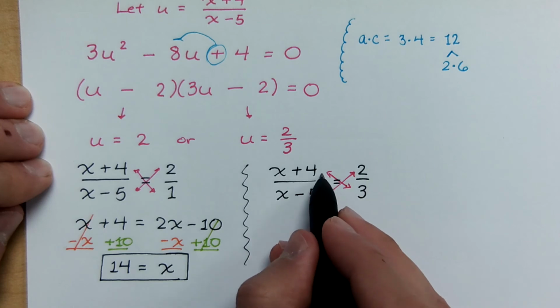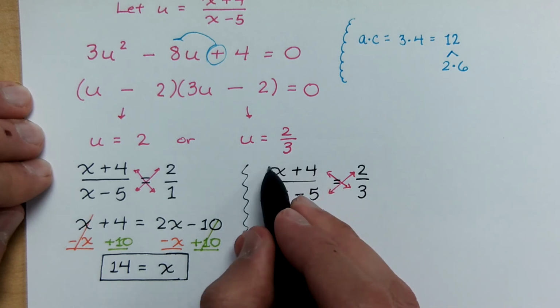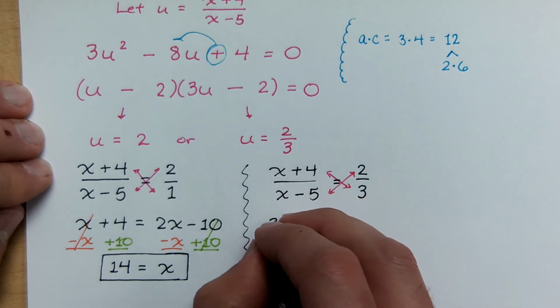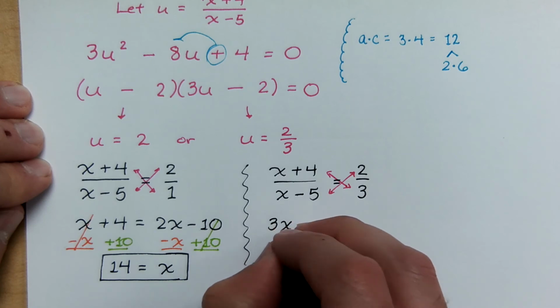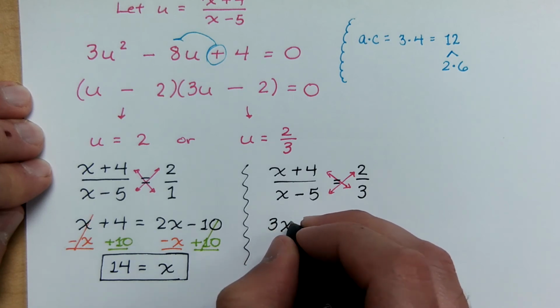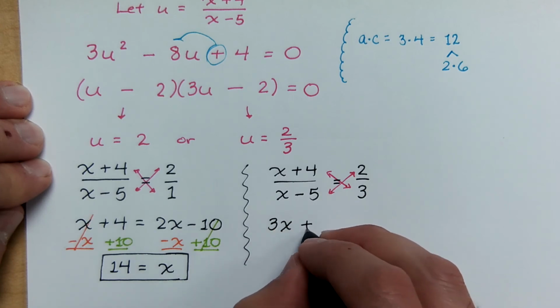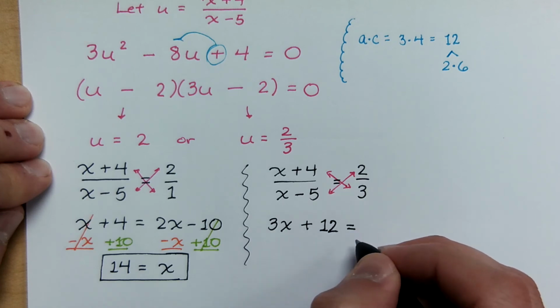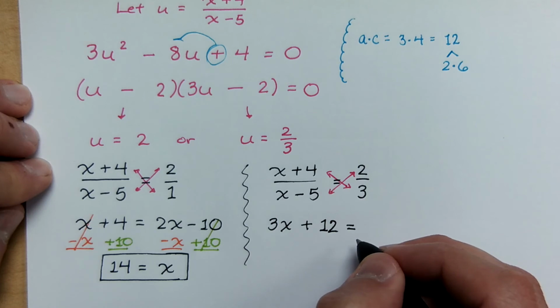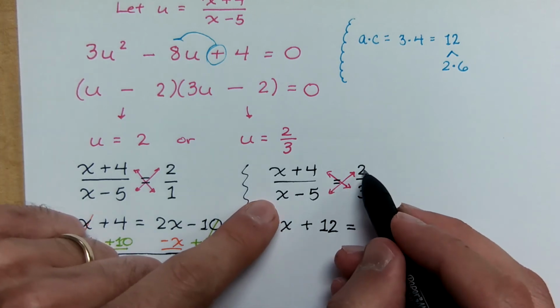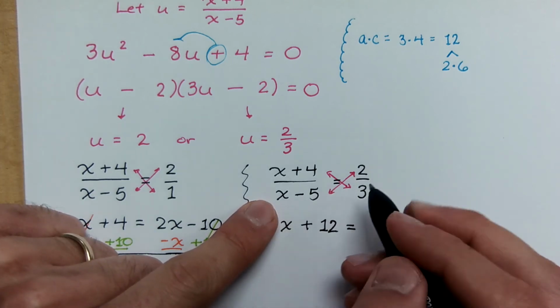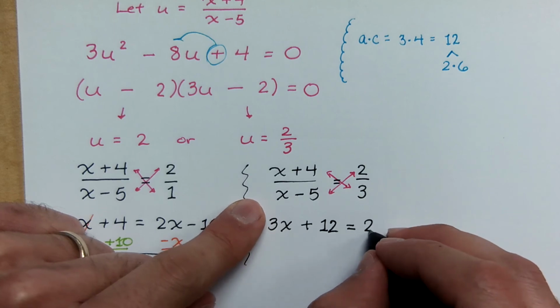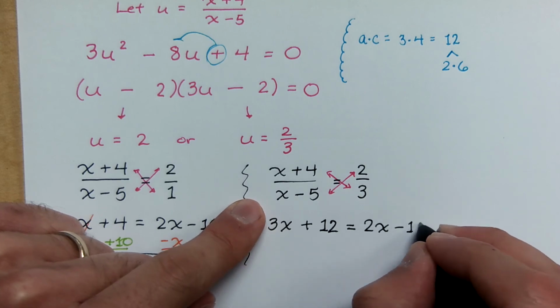So this first cross product of 3 and x plus 4 is 3x plus 12, when we distribute the 3 times the x and the 4. This other cross product of 2 times x minus 5 is 2x minus 10.